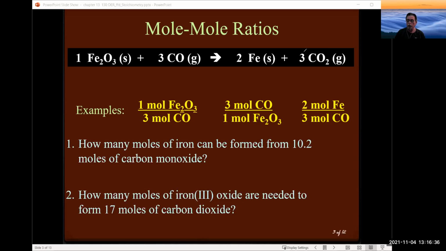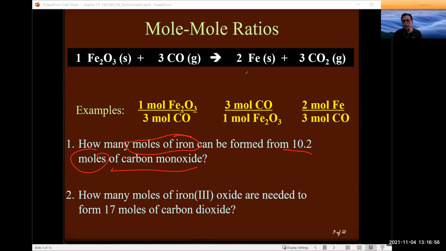Step number one, we identify what we're looking for. The question says, how many moles of iron can be formed from 10.2 moles of carbon monoxide? All right, so the point is this. They're asking you how many moles of iron.